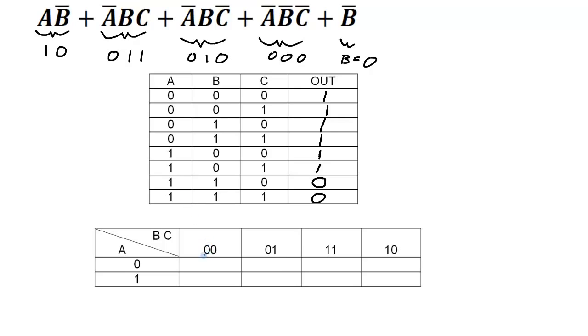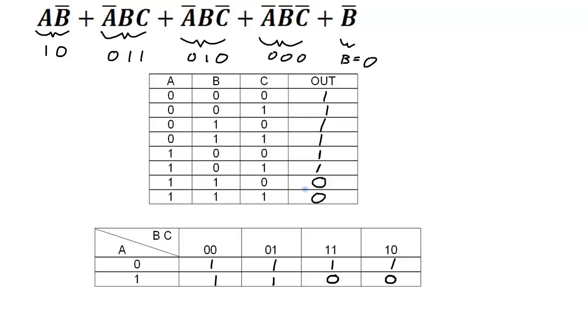So 0, 0, 0 is a 1. 0, 0, 1 up here, you can see it's a 1. 0, 1, 0 is a 1. That's this box over here. 0, 1, 1 is also a 1. 1, 0, 0 is a 1. 1, 0, 1 is a 1. 1, 1, 0 is a 0. And 1, 1, 1 is a 0.